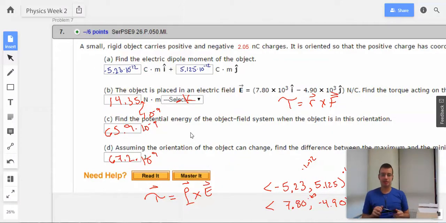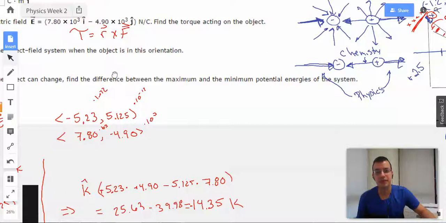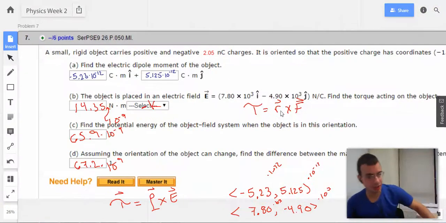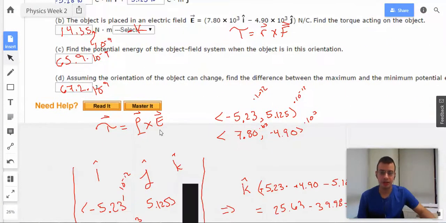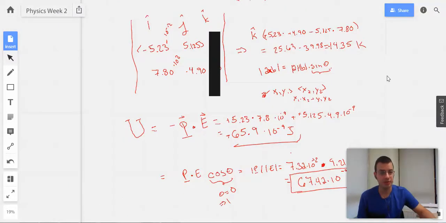The key parts to take away from this is electric dipoles exist, and specifically in physics, they are drawn from negative to positive. If you want to find the torque, it's going to be a cross product between the electric dipole and the electric field. If you want to then find the energy, you're going to then use the dot product.